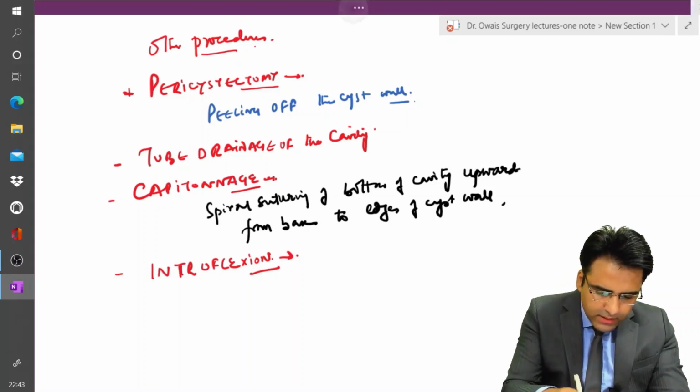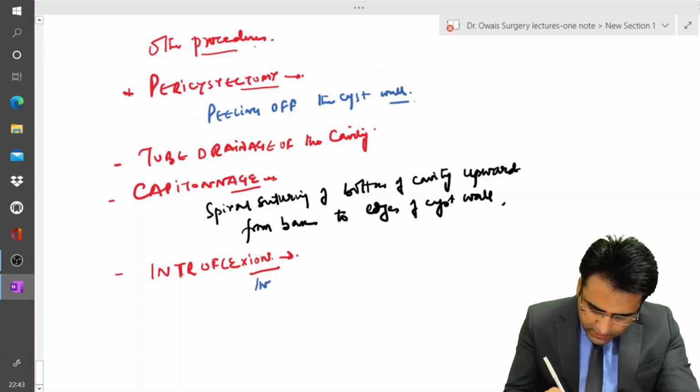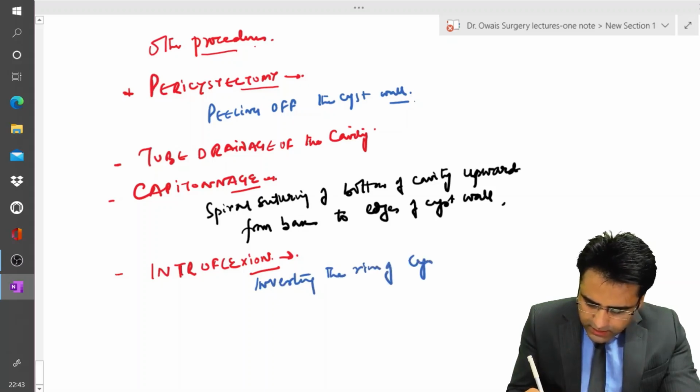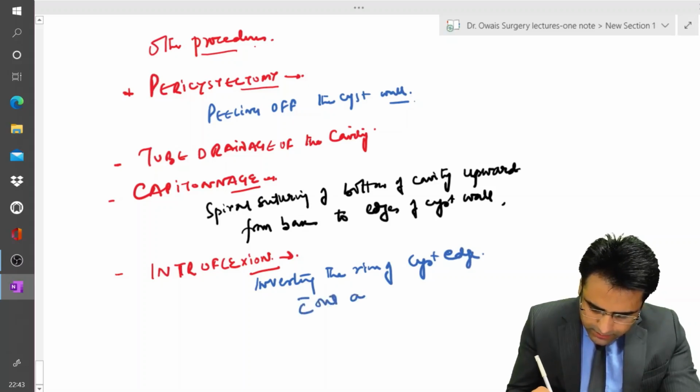It is inverting the rim of the cyst edge without apposition.